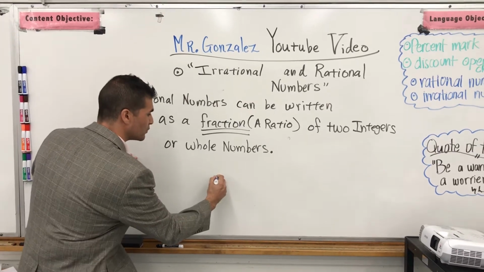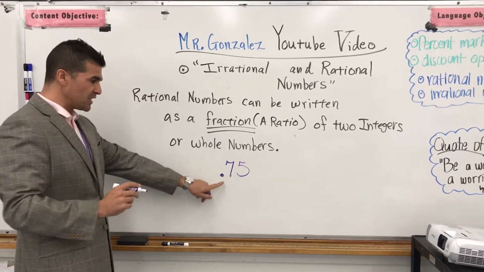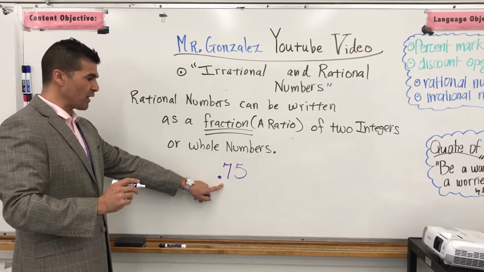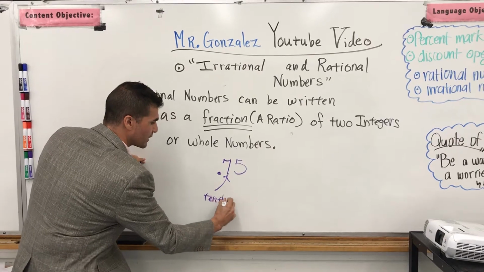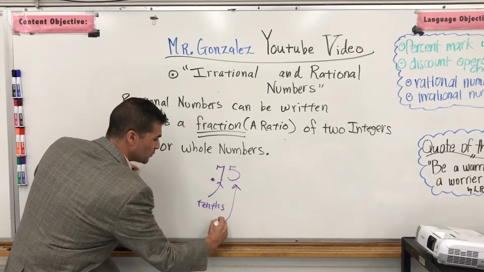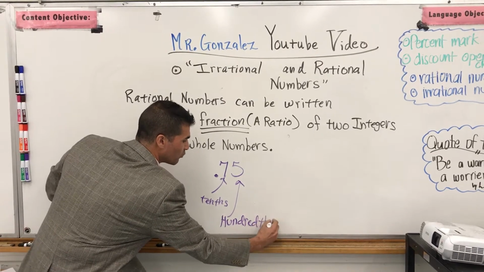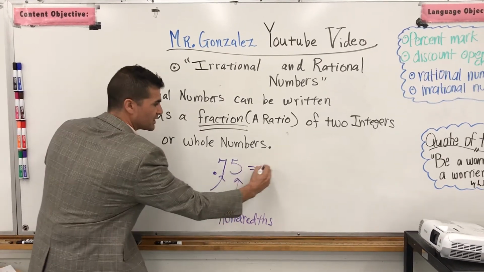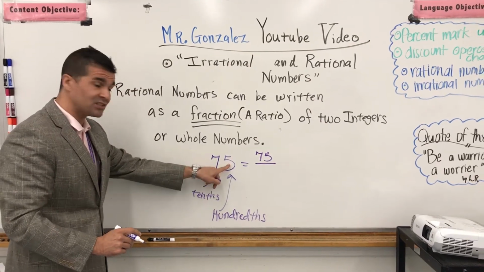If I went ahead and told you 0.75, or 75 hundredths, is this a rational or irrational number? Well, this right here would be the tenths place, and this right here, this would be the hundredths place. And that means the way that you write this is you write this as 75, and you take the place that the last digit is in.